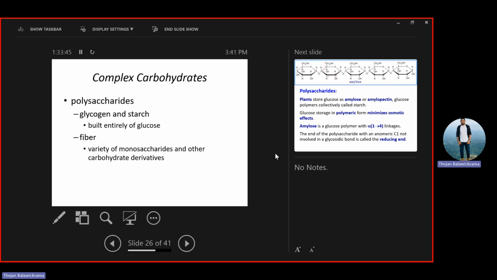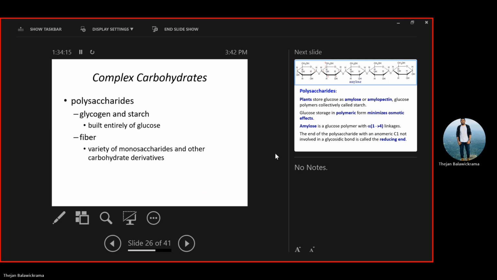If we take a glycogen chain and break it, we get glucose. Take a starch chain coming from plants and completely break it, we end up with glucose. So glucose is a building block for both of them. So polysaccharides: glycogen, starch, and fiber. That is also a carbohydrate derivative.